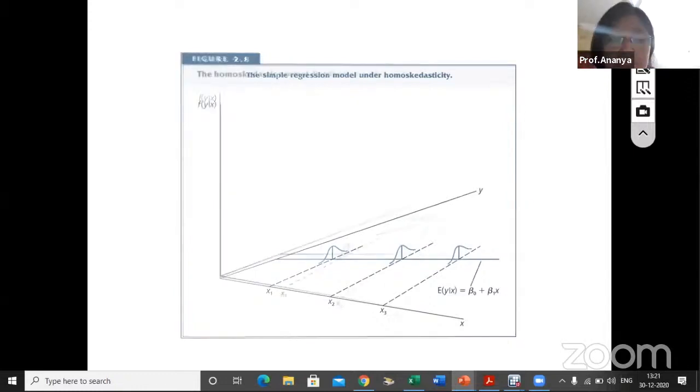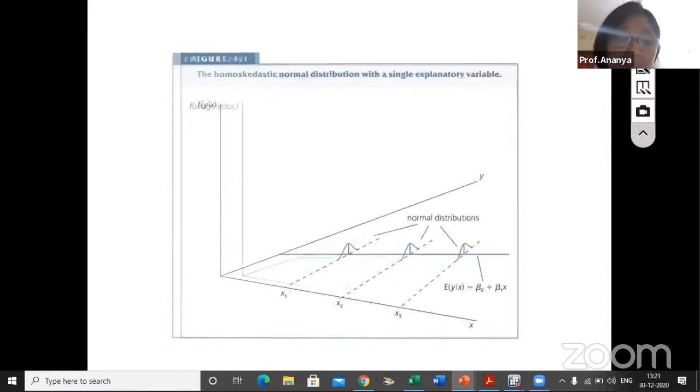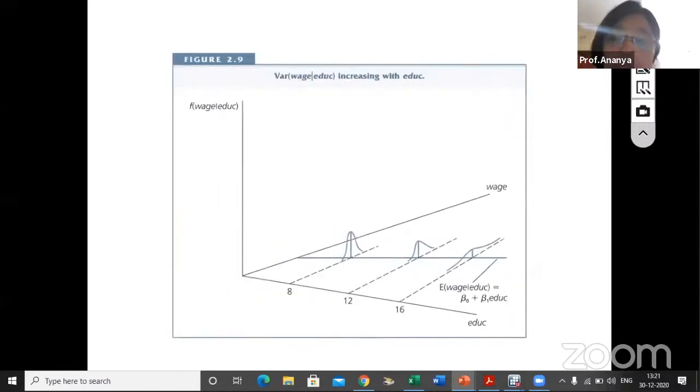Take wage and education, for instance. All of these are symmetric. They have different variances, but they are all symmetric. If you look at people with 8 years of education, there are about as many people who earn more than the average as there are who earn less than the average. I hope this answers your question.